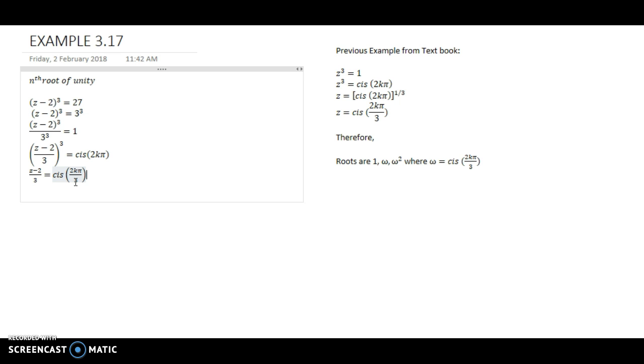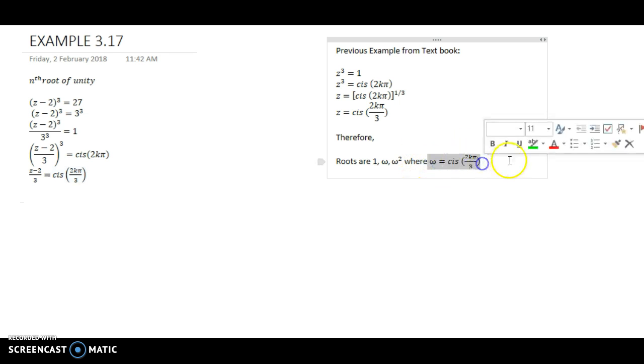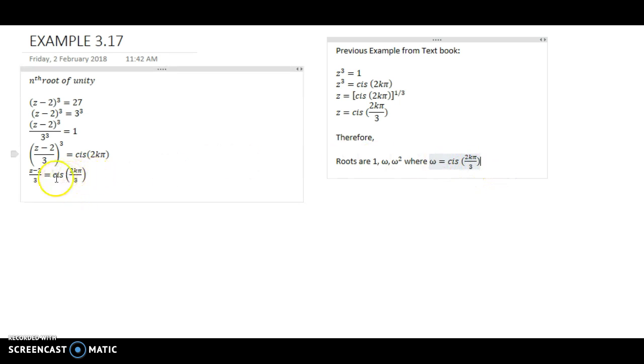And then what we have here highlighted is now going to be the same as what our W-looking letter is on the right-hand side. So in both cases we can simplify that. And you'll notice that in this section of the nth root of unity, this symbol is used regularly. So I'm just going to do that without explanation.